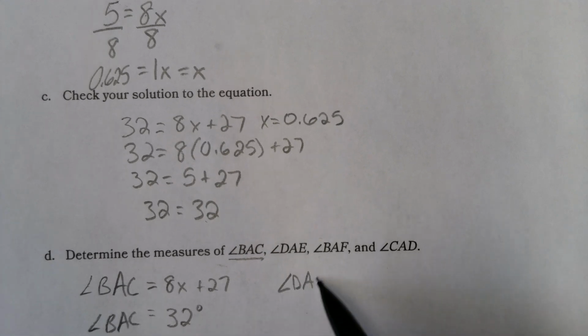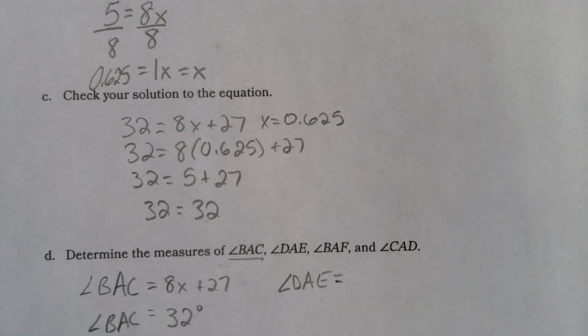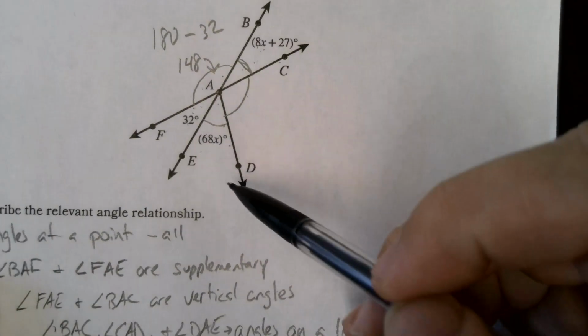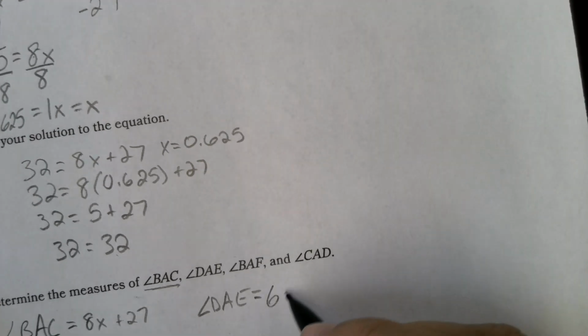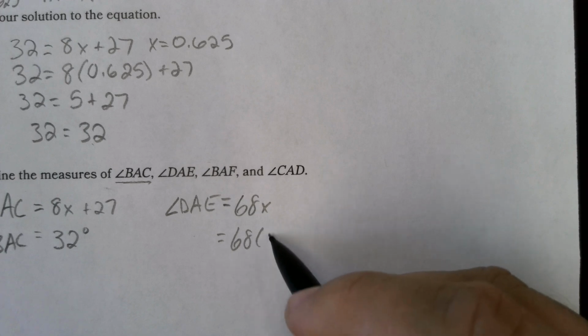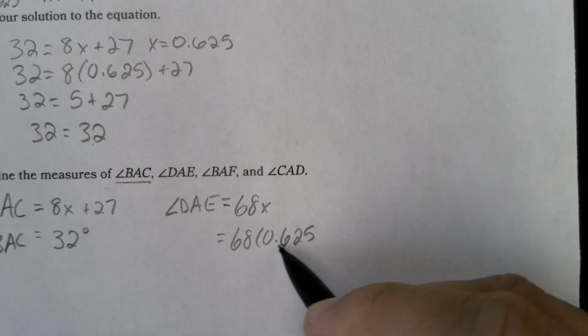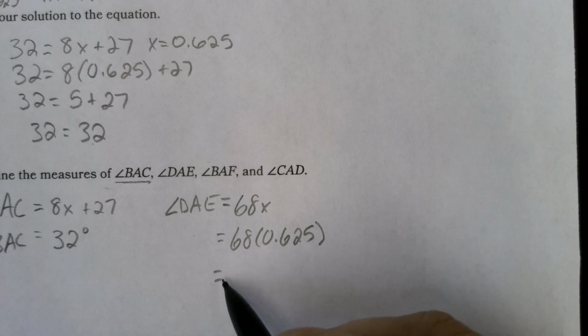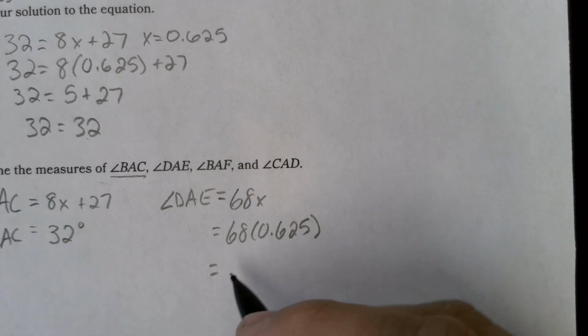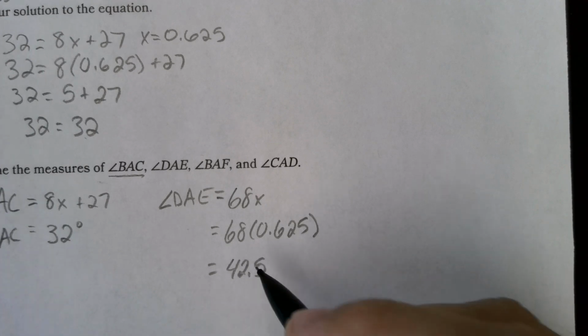Angle DAE, if we look back, has a measurement of 68x. So we're going to replace x with 0.625 and multiply. If we multiply 68 times 0.625, we get an answer of 42.5.